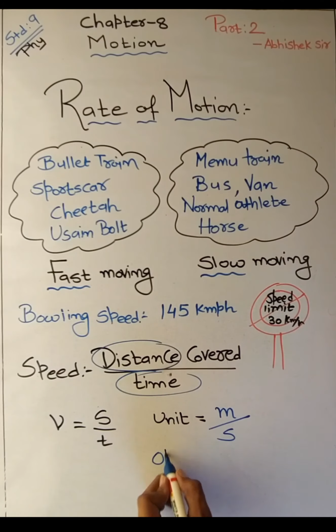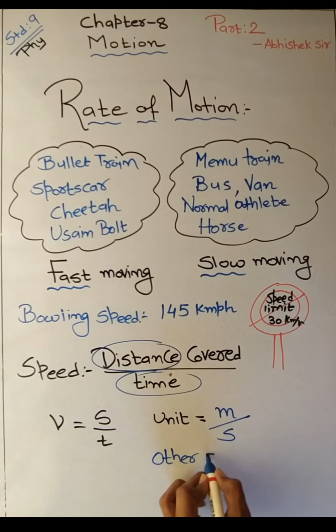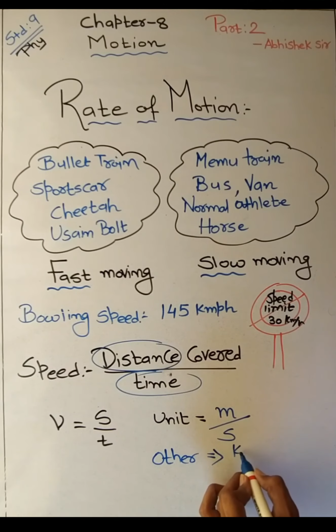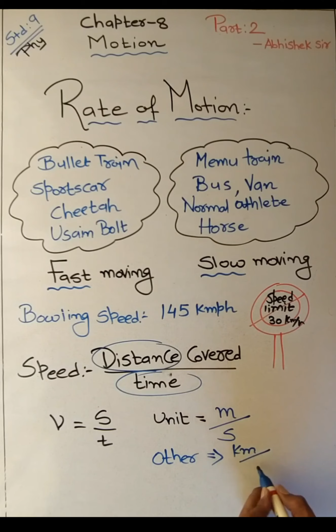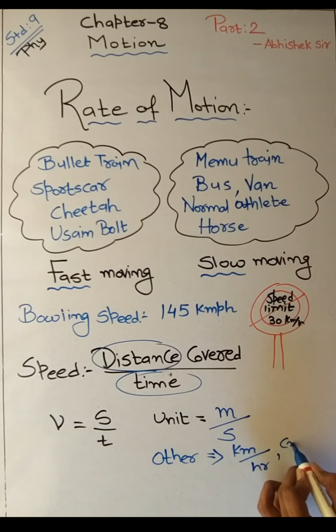Other units can be there. If you convert this into bigger ones, meter converts into kilometer, second converts into hour, right? We can have centimeter per minute as well. Likewise we can have other units, but the standard unit will be meter per second.